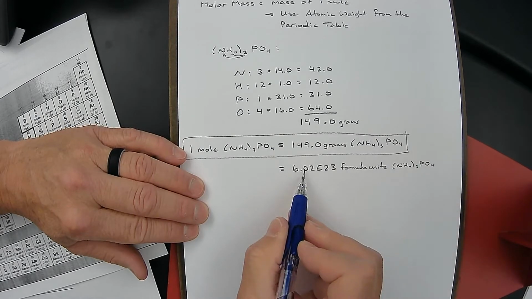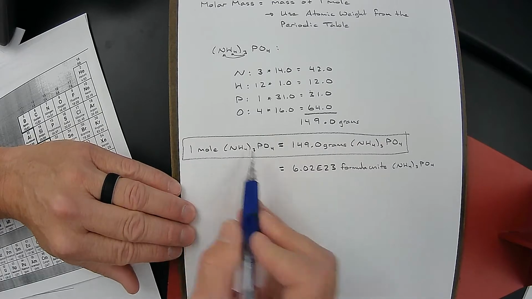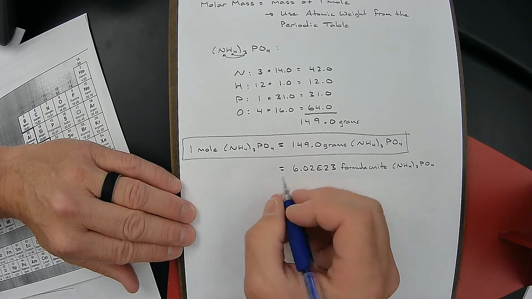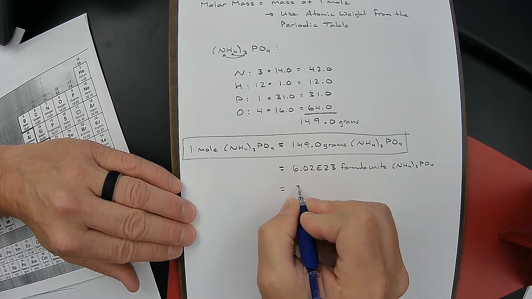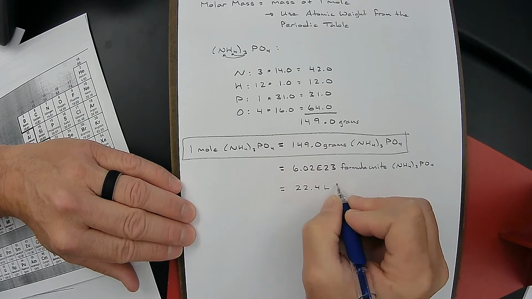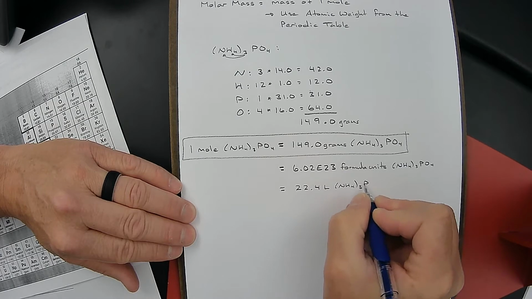So there's a third equivalent statement. 1 mole is a mass, 1 mole is a number of particles, and in this case it's formula units. Sometimes we can also write it as a volume, but in this case we cannot.